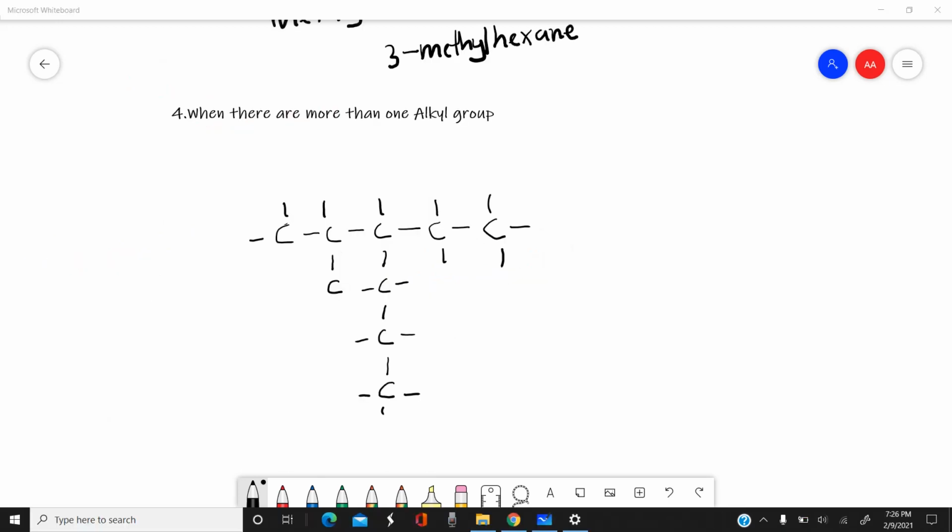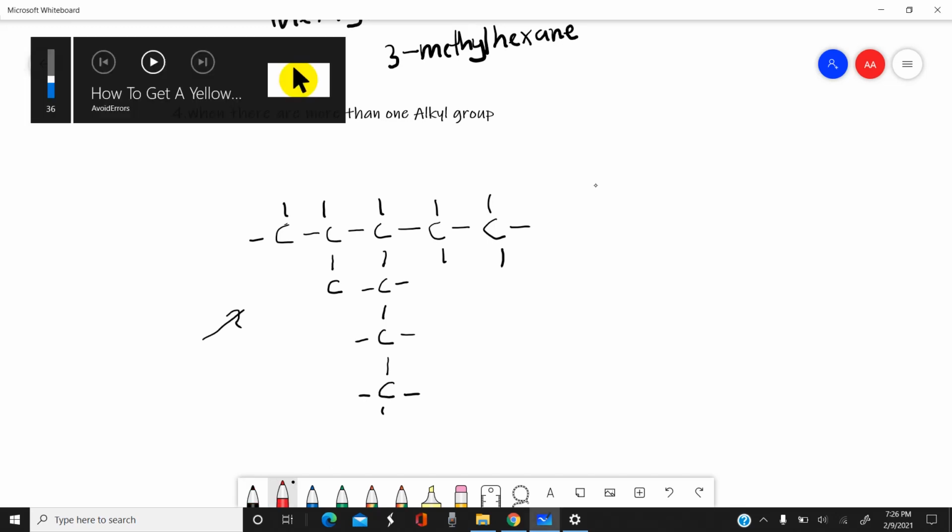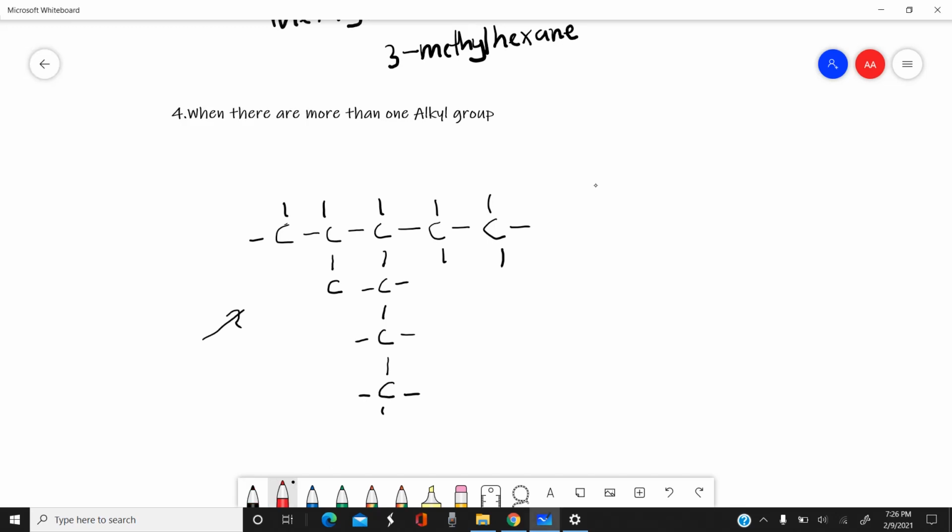Consider a situation where there is more than one alkyl group. When naming this compound, select the longest carbon chain. In this one, this is the longest carbon chain. So first number it. There are 2 ways to number: starting from this carbon, 1, 2, 3, 4, 5, 6, or we can start from this carbon, 1, 2, 3, 4, 5, 6. But consider the side chains, the alkyl groups.